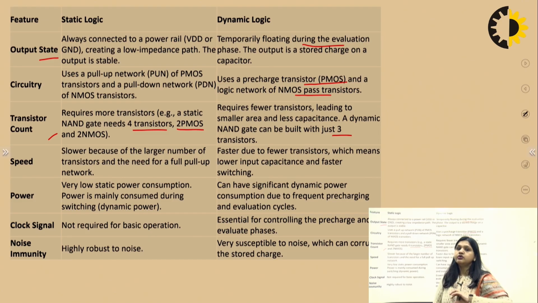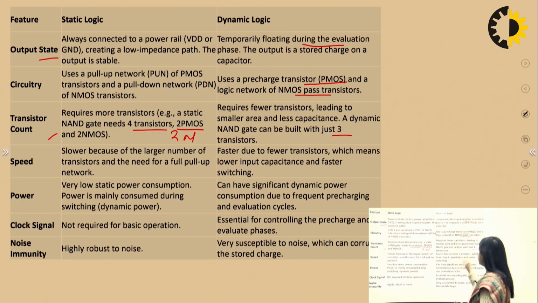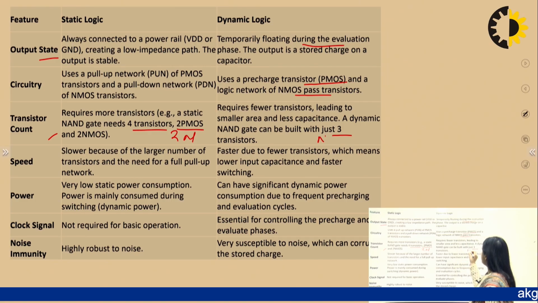And if I talk about a large number of inputs, suppose n number of inputs, in case of static design, we need 2n transistors, whereas in case of dynamic, we need n for implementing the main circuit and 1 transistor is needed for the pre-charging. So, you can see the difference between both.